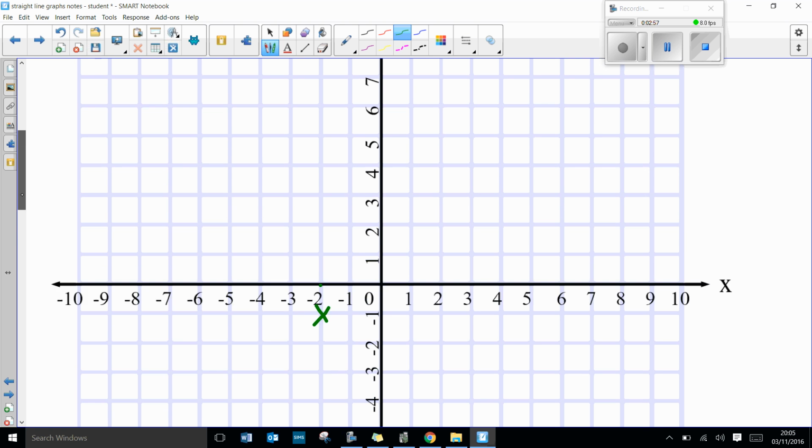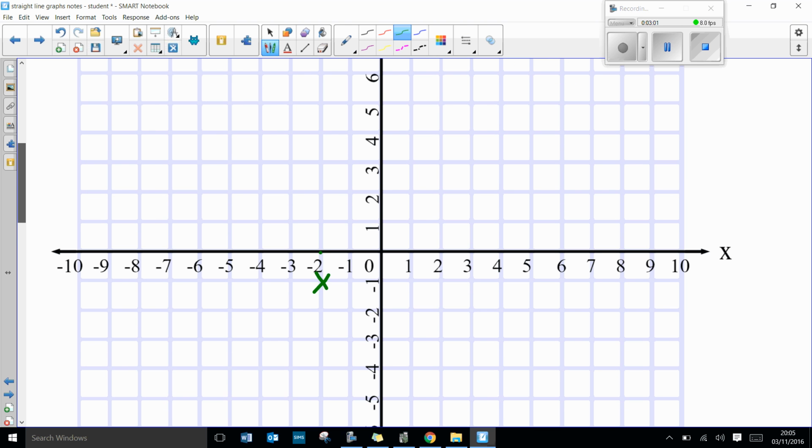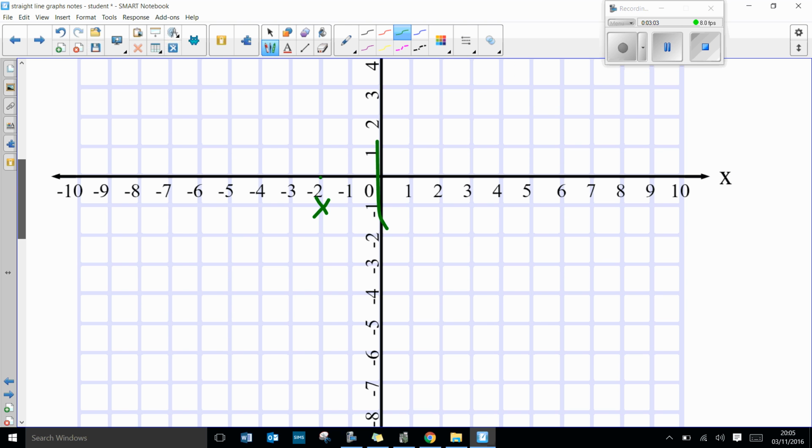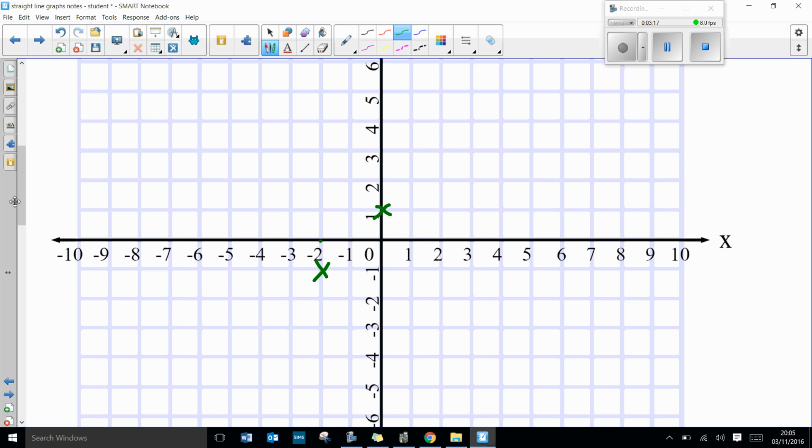If we're now plotting the point 0, 1, so 0 on the x-axis and 1 on the y-axis gives us that point there. And 4, 5, 4 on the x-axis, 5 on the y-axis. And we should find that they form a straight line. Had we plotted all of the coordinates, we would find that they would all sit on this line.